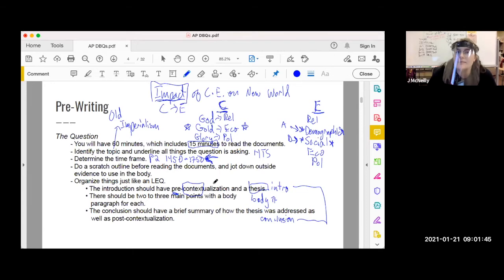Exploration, specifically by which 2 European countries? Think Iberian Peninsula.